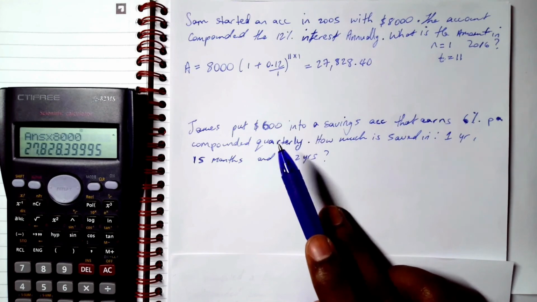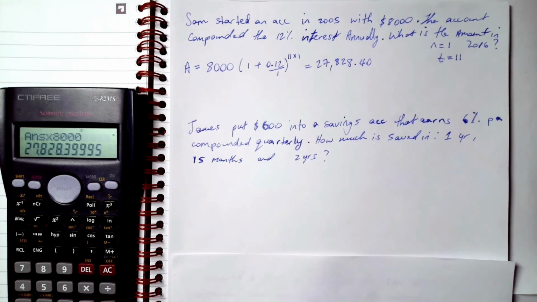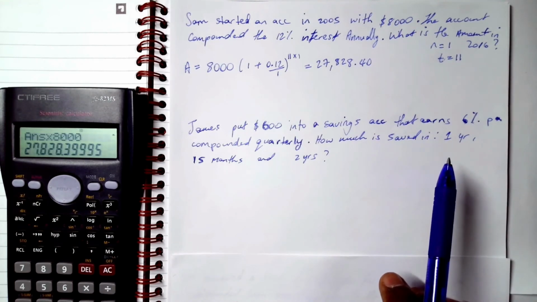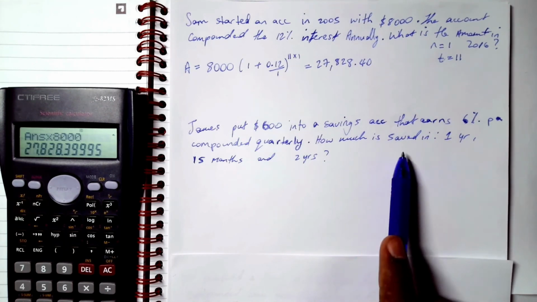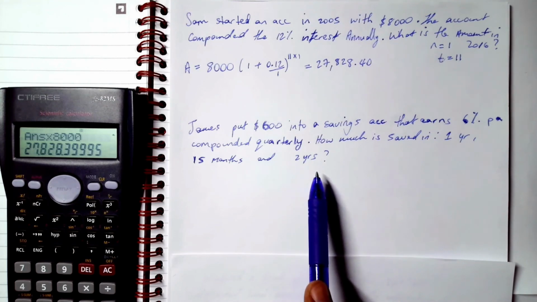When you're doing a compounding interest question, they must tell you how it is compounded, whether it is annually, quarterly, semi-annually, monthly. They have to tell you. Alright? So, how much is saved in 1 year, in 15 months, and in 2 years?